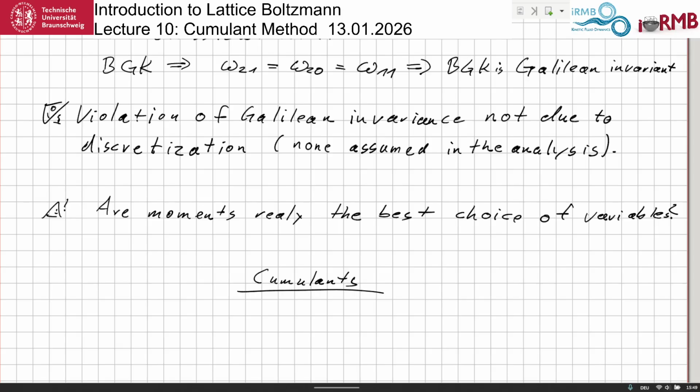We had to assume that velocity is small, because you remember that moment, even in equilibrium, should be 3 theta u, which is the part that we get by aliasing, plus u cubed times rho, which is a part that we are missing.